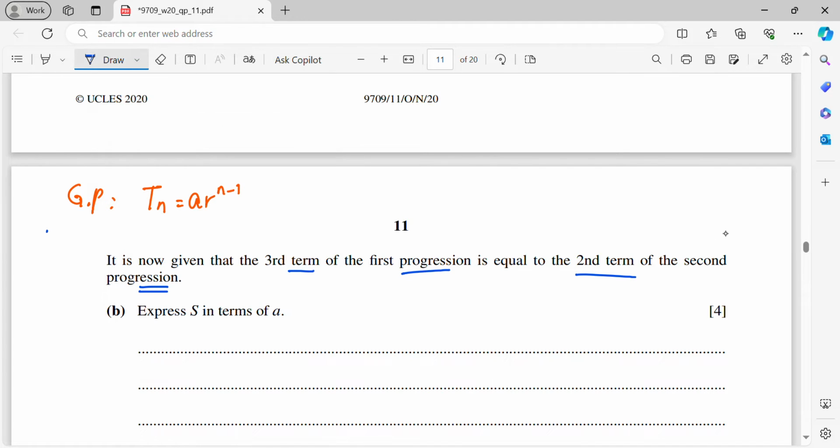Here I will write T3 of GP1 equals T2 of GP2. Just now, GP1 you have A and r, GP2 you have A and capital R.